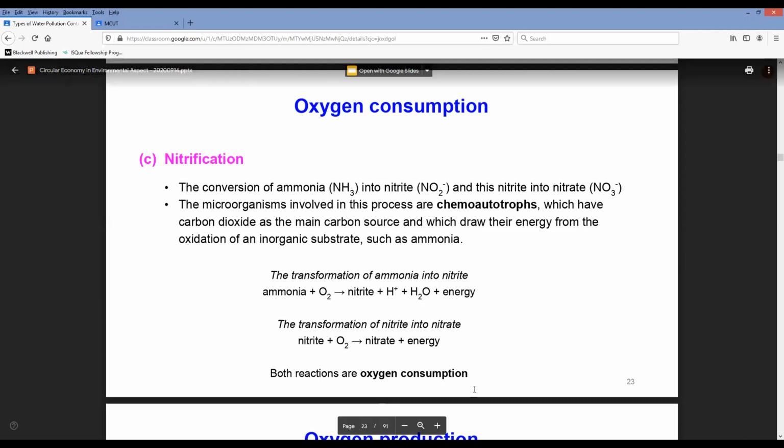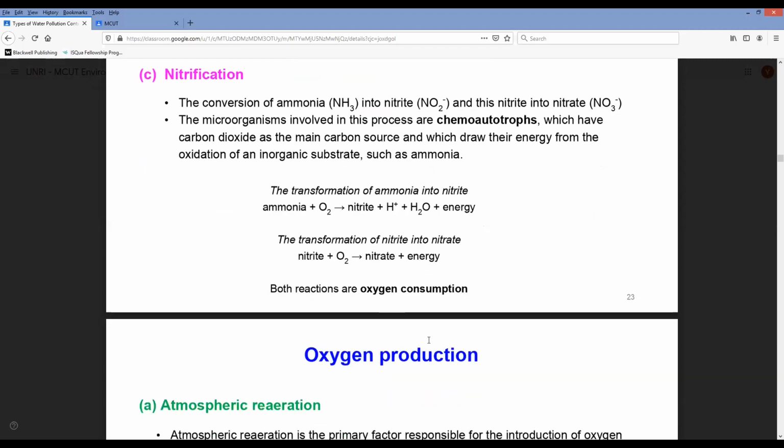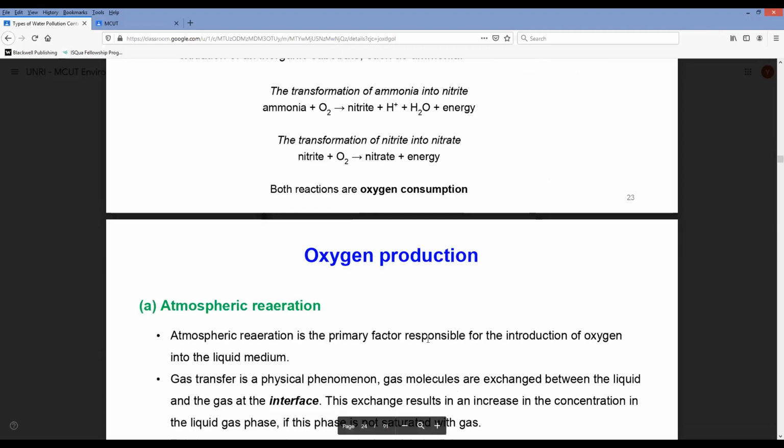The transformation of ammonia into nitrite is ammonia plus oxygen into nitrite, plus protons and water, and then energy. The transformation of nitrite into nitrate is nitrite in contact with oxygen, which produces nitrate plus energy. Both reactions consume oxygen. Okay, and then next, please.